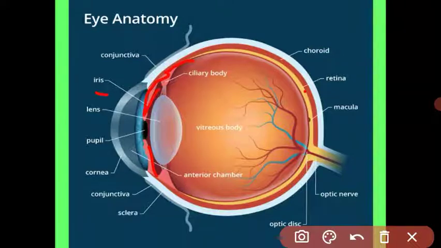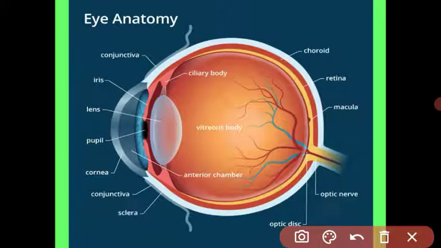It is the muscular part, and it adjusts the size of the pupil. The pupil is the dark black spot in the center of the eye, present between the two irises. It is a small black opening called the pupil. And what is the main function of the pupil? It regulates the amount of light which enters the eye.